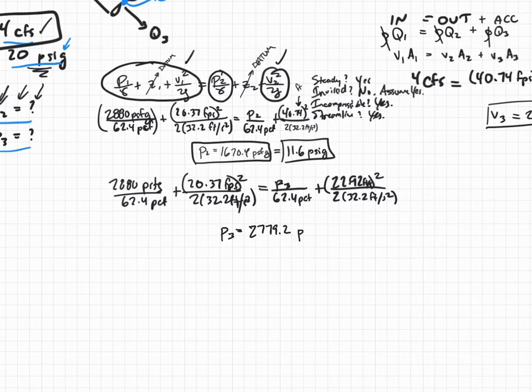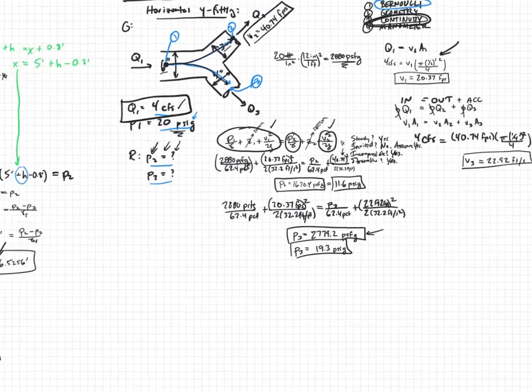That's pounds per square foot gauge. And we'll go with P3 equals 19.3 PSI gauge. Okay, either one of these is acceptable. I usually prefer to work in pounds per square foot. All right, so that's it.